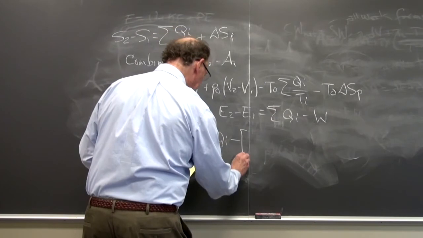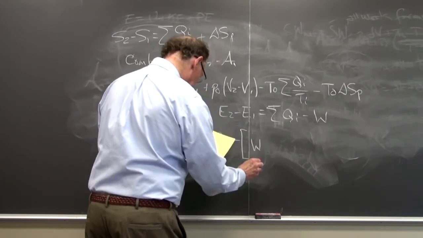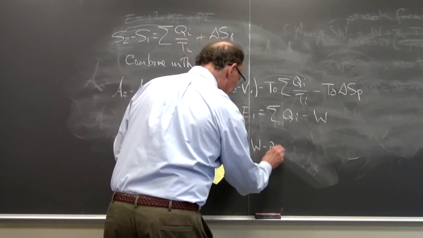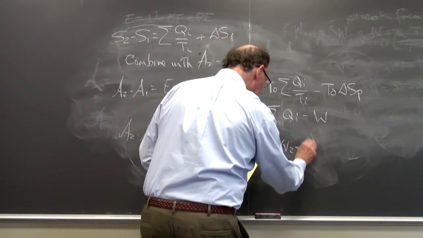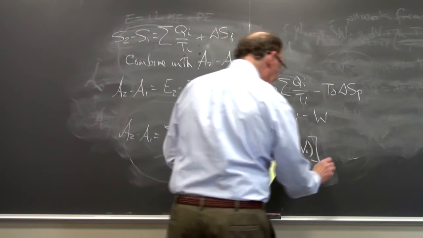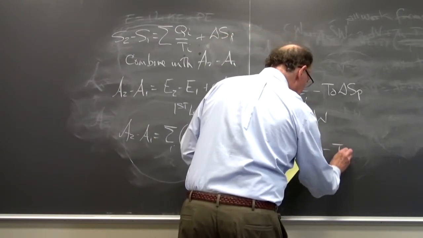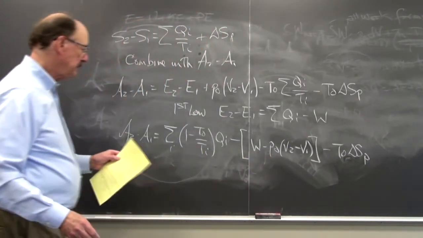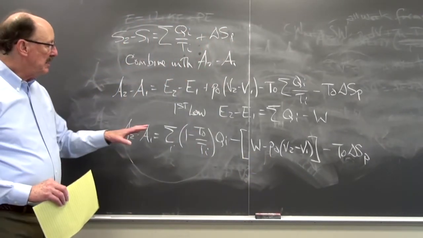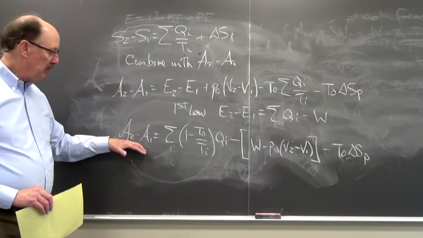Minus W minus P0 times V2 minus V1 minus T0 del SP. So this is another way to look at the change of the availability.